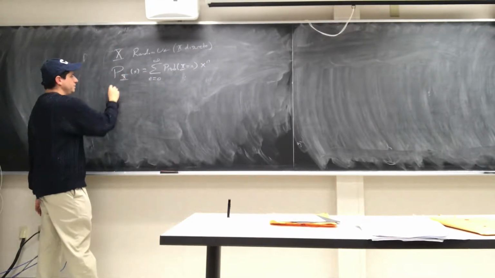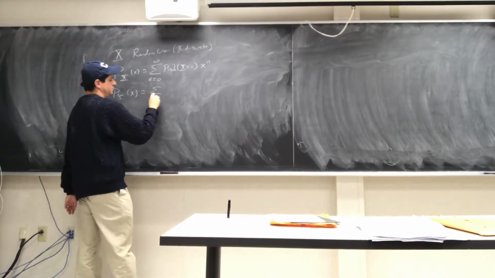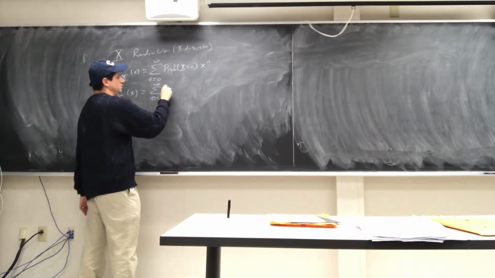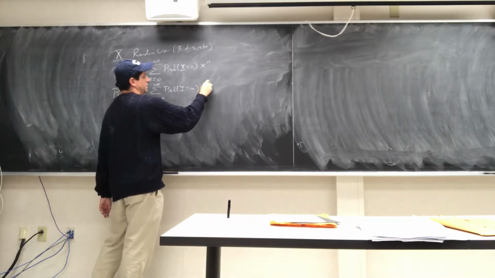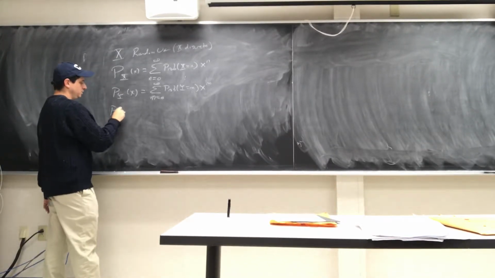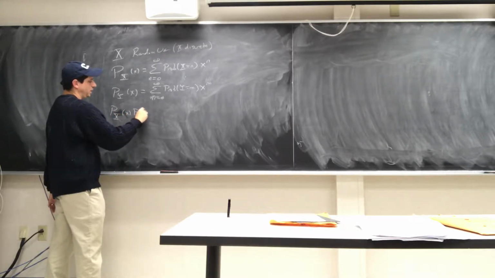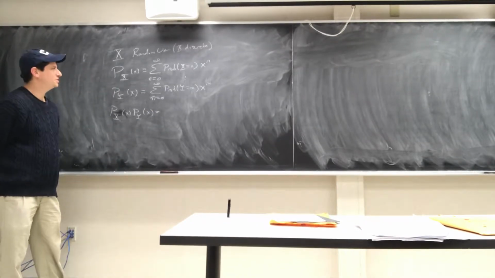If I have another random variable Y, p_Y(x) would be the sum, n goes from 0 to infinity, of the probability Y equals n times x to the n. And I could look at this function p_X(x) times p_Y(x). I probably should have used a different variable, probably t, but it doesn't matter.